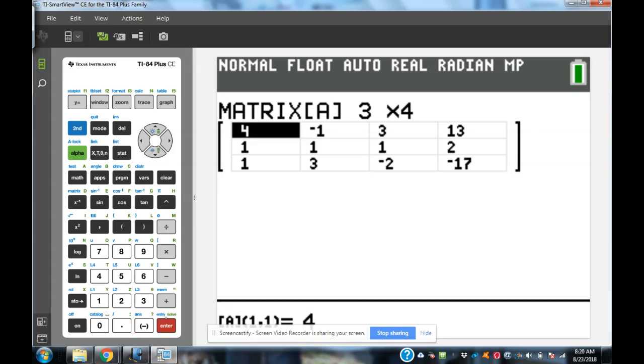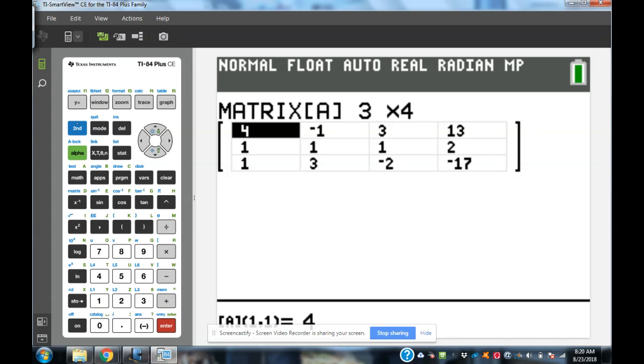Be careful, especially on these that you're getting all the signs right. That's one of the things we had problems with when we were solving three variable systems by hand with the elimination and substitution methods. A lot of times we just miscopy something and it would cause things not to work the right way. So be careful of that.